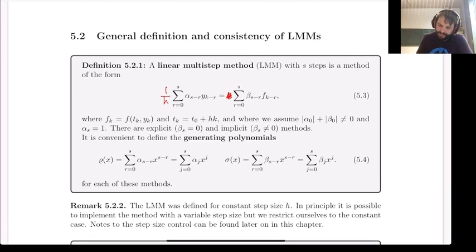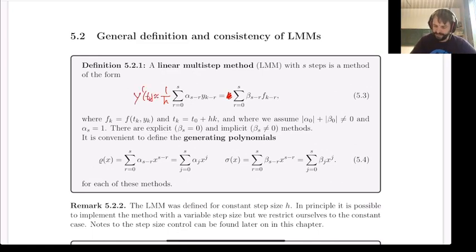This is, in some sense, a linear combination of right-hand sides, so that's like an approximation of the right-hand side. We could, for example, do a polynomial approximation of the right-hand side at the kth value given the previous values. That would be one way of approximating the right-hand side of my ODE. And the left-hand side is a finite difference quotient: it's just taking some linear combination of the y_{k-r}'s, dividing by h. So this is supposed to approximate y prime at t_k.